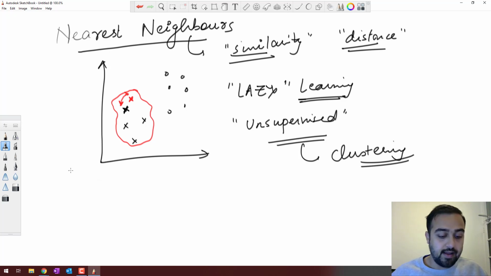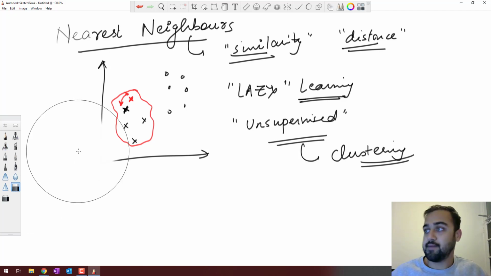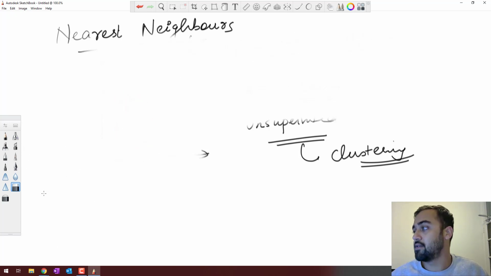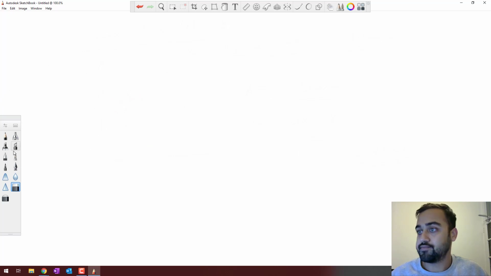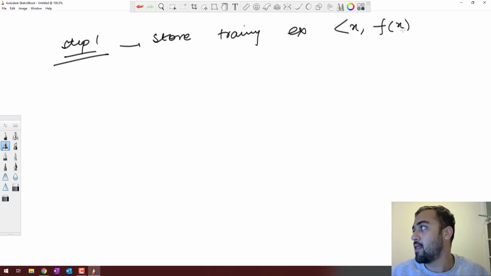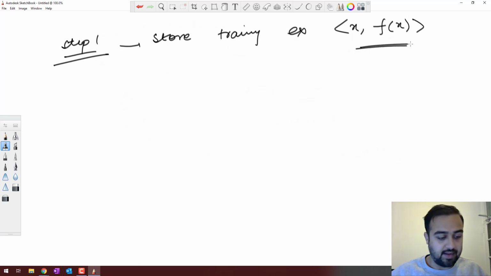All right, so you just need to follow a few steps in order to form your nearest neighbor algorithm, right? The first step would be to store all your training examples in a list. So number one would be store training examples in a list, right?